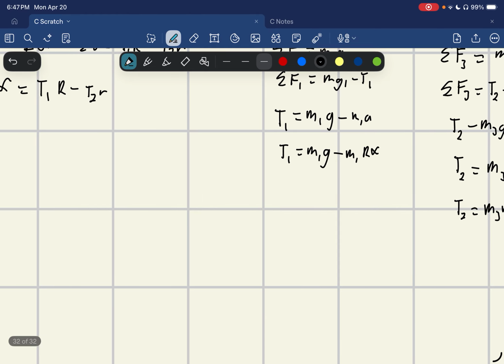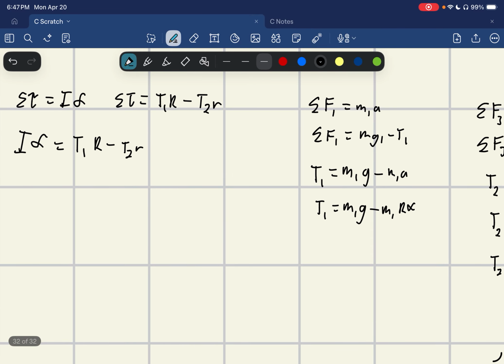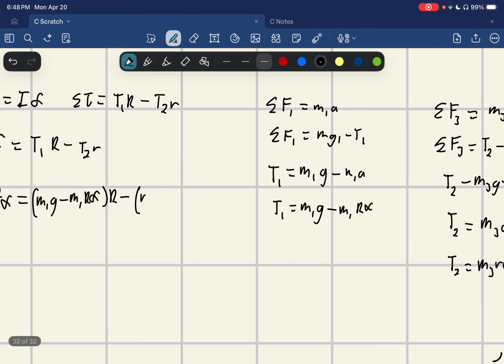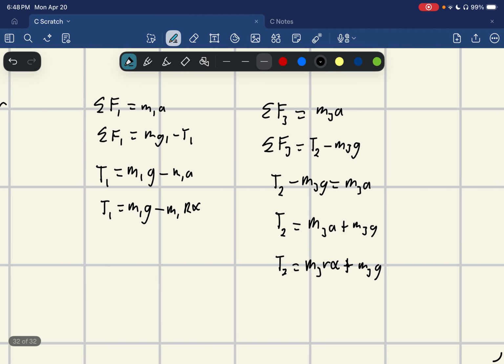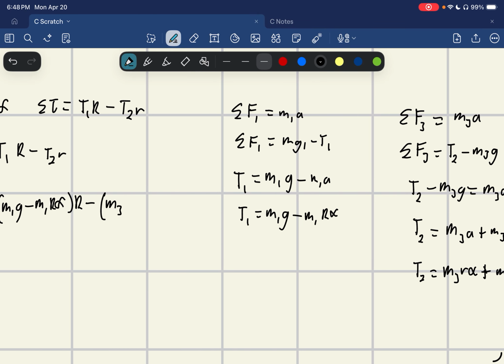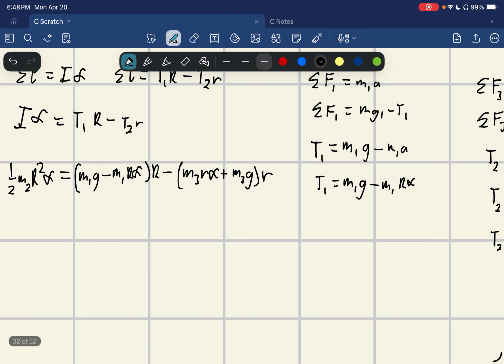So T2 is equal to M3 little r alpha plus M3G. And here I'll plug T1 and T2 into the equation that we found earlier. So I'll also expand I into 1/2 M2 big R squared alpha, which is equal to M1G minus M1 big R alpha times big R, minus M3 little r alpha plus M3G times little r, with the terms in parentheses.